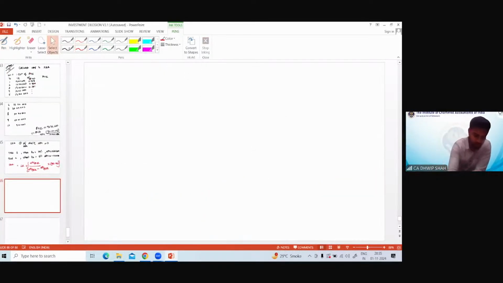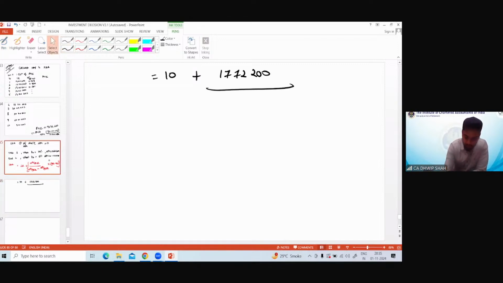Correct? So my lower discounting rate here is 10%. My NPV at 10% is 17 lakh 72,200, divided by NPV at lower rate, again 17 lakh 72,200, minus NPV at higher rate.